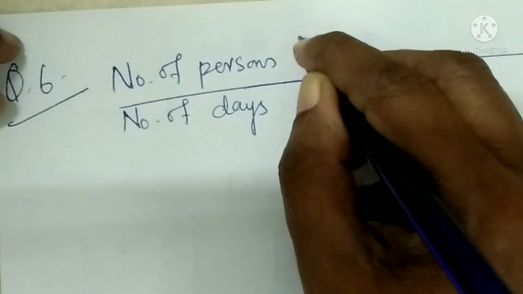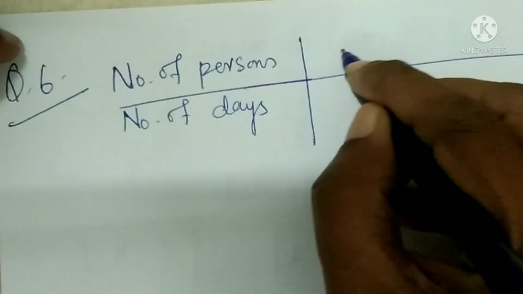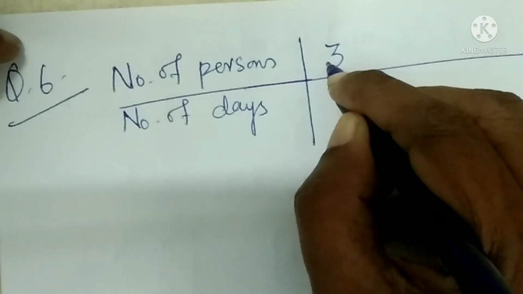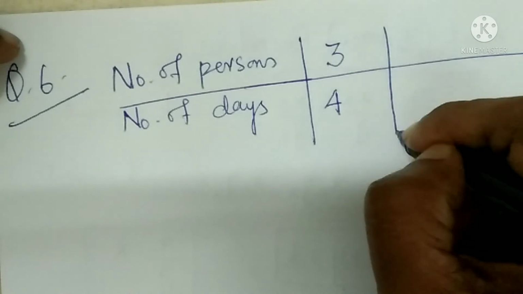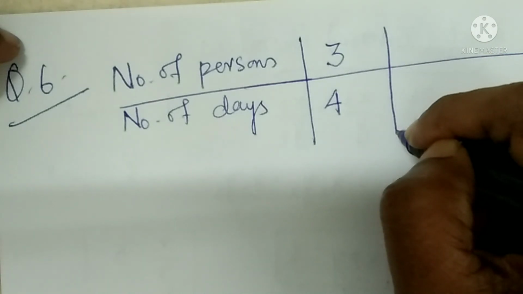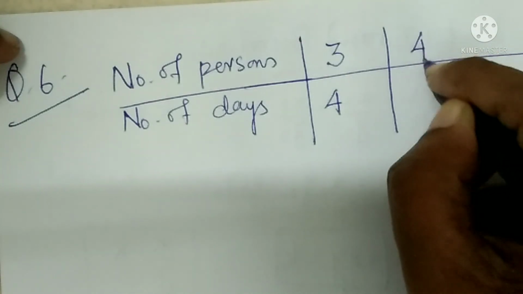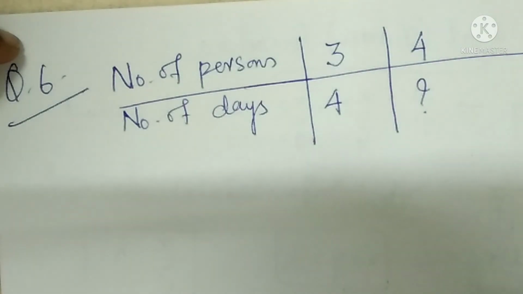They are rewiring the house. If 3 people are there, they will complete the work in 4 days. If he uses 4 persons instead of 3, how many days will it take? How long should they take to complete the job?